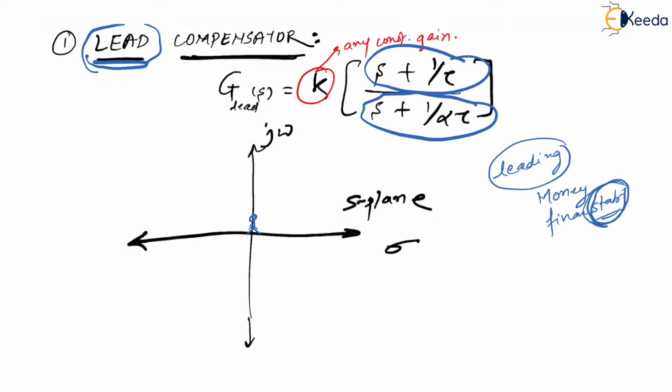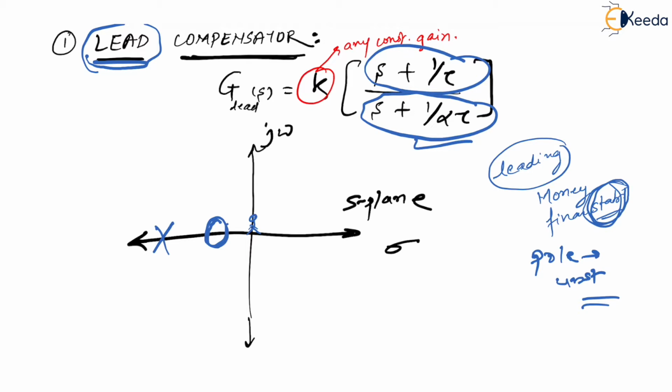I want to see the stability first, which means I need to find the zero first, because zero brings stability. Pole, we have already seen, brings instability to the system. Which means I have to see zero first, and then I have to keep the pole. Because of this arrangement, where is this pole?